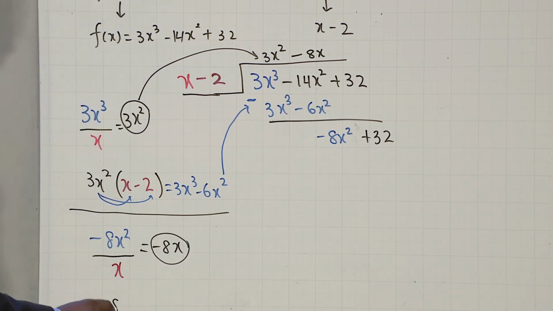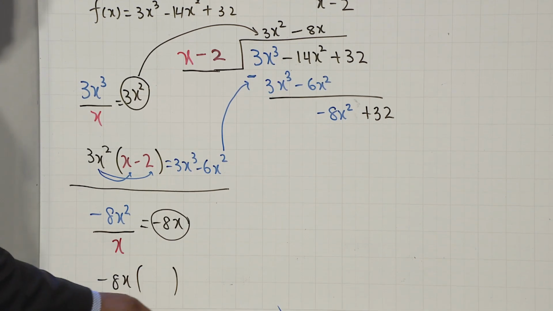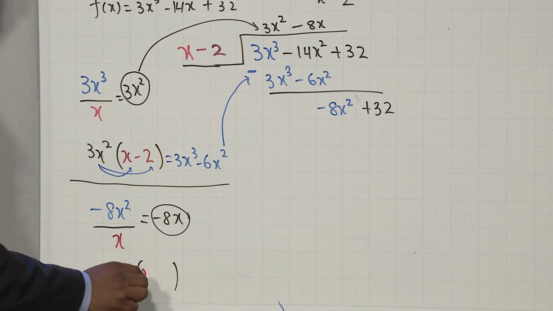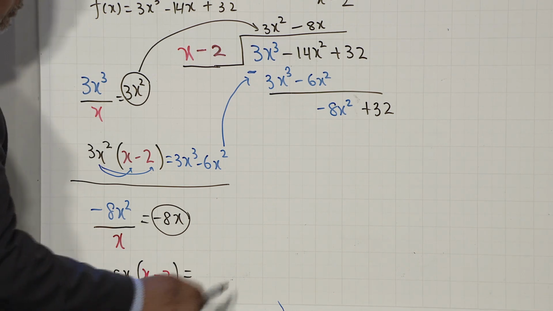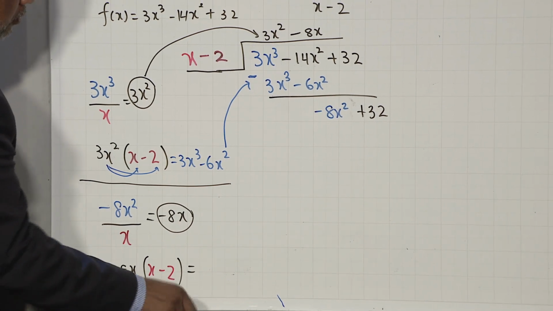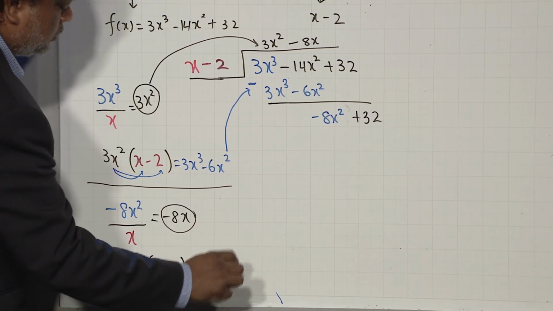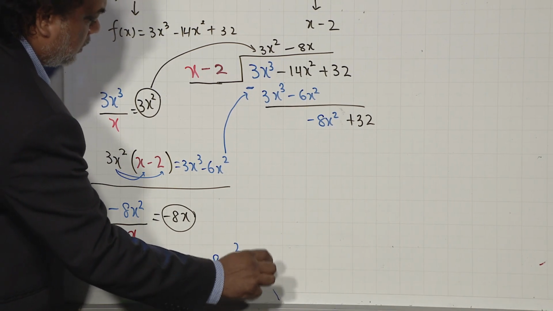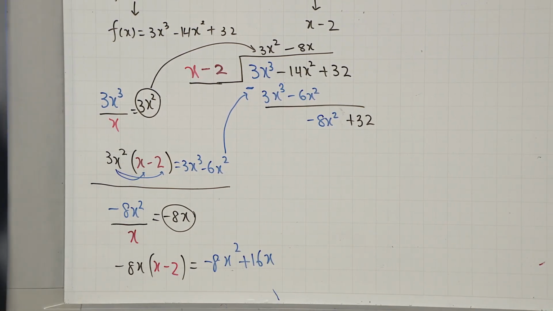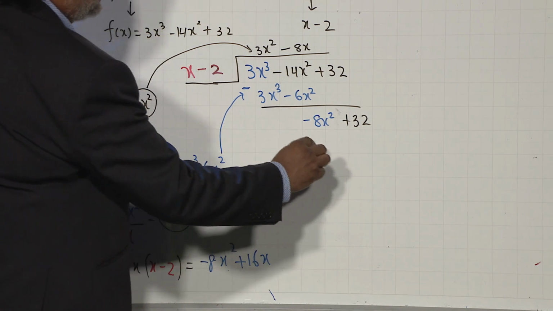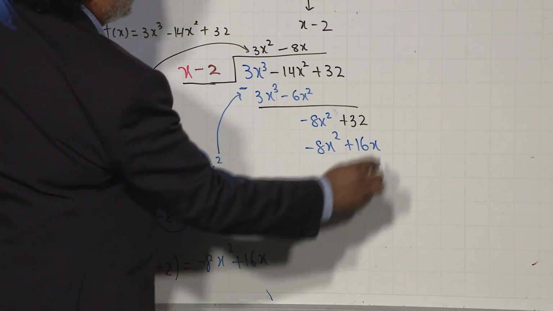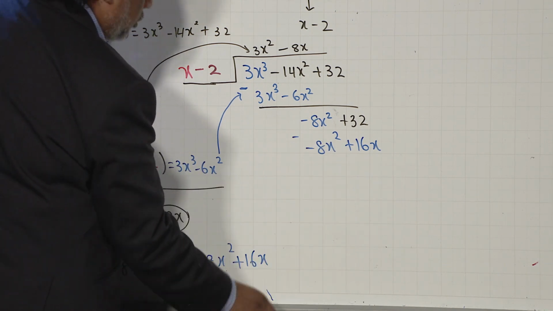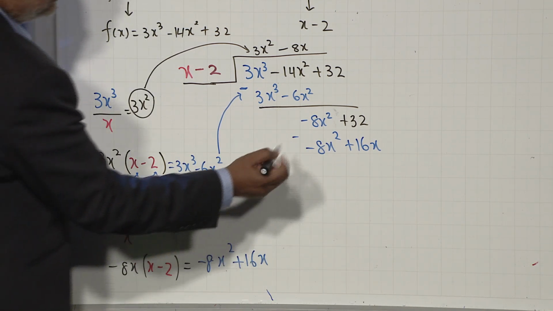I multiply minus 8x by the divisor once again. This gives me minus 8x squared plus 16x. And as usual, here I will subtract.